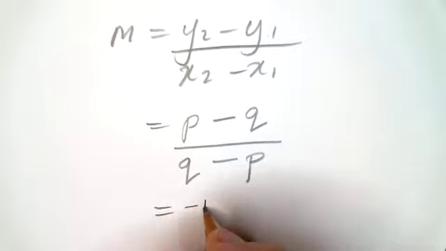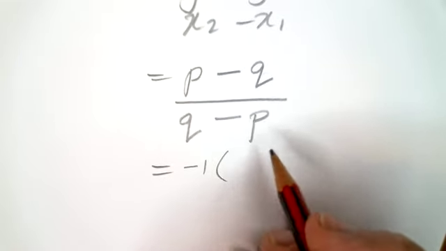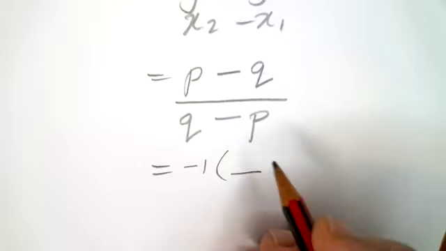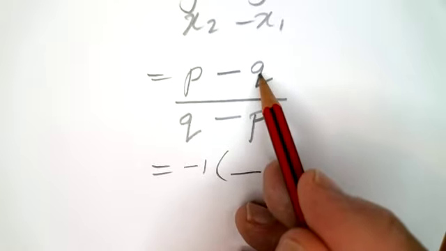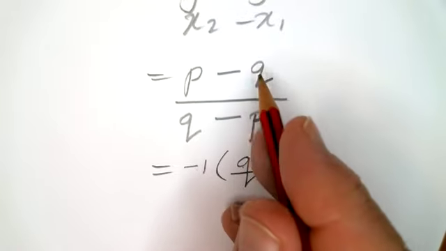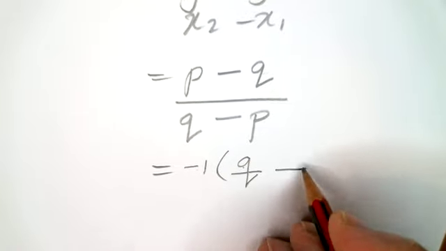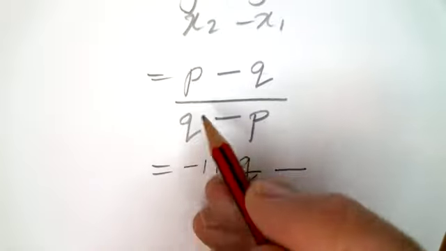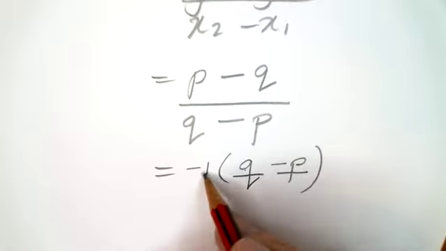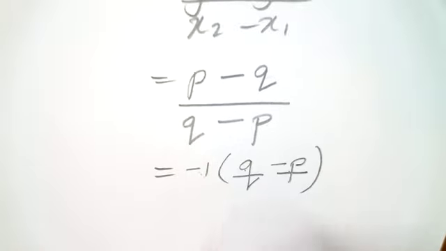So I'm going to go -1 times, now, what times -1 makes negative q? Well, q does. -1 times q is negative q. And what times -1 makes positive p? Well, negative p would be -1 times negative p is positive p.